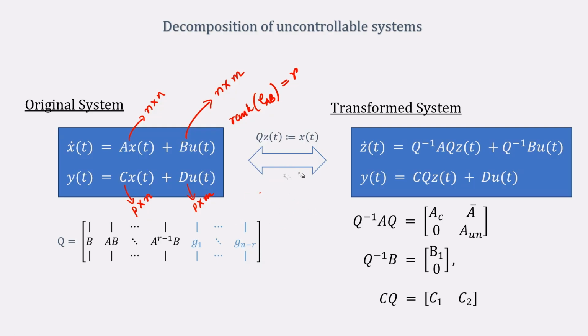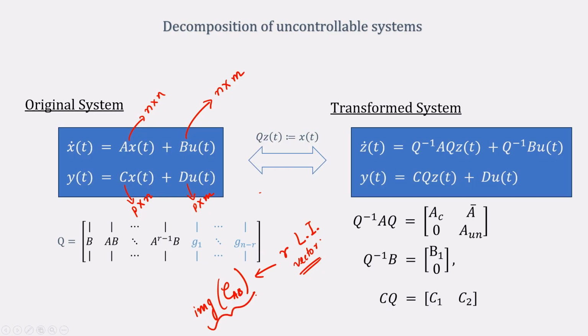What is the meaning of that? For the image of CAB I would be able to find R linearly independent vectors that span the space. In other words, the basis of image of CAB will have R basis vectors. Now, the question is, how do I choose those R vectors?